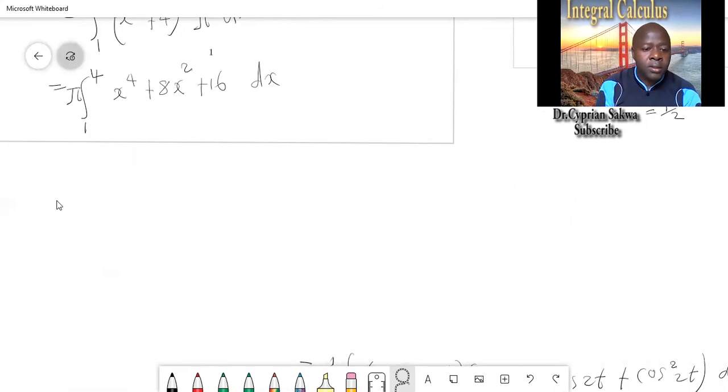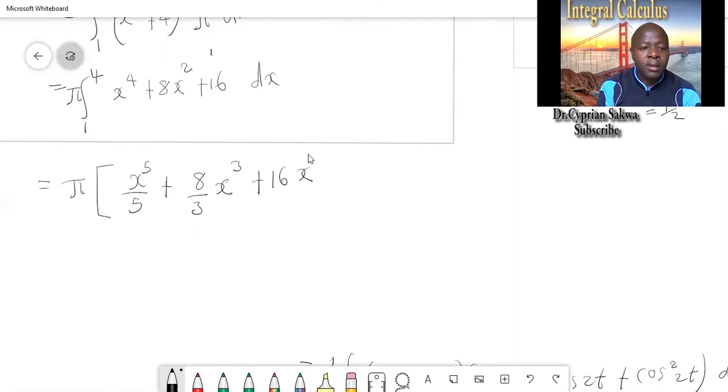So when you do this, we'll get pi times x raised to 5 over 5 plus 8 over 3 x raised to 3 plus 16x, and the limits are from 1 to 4. Just do that on your calculator and see what you get.